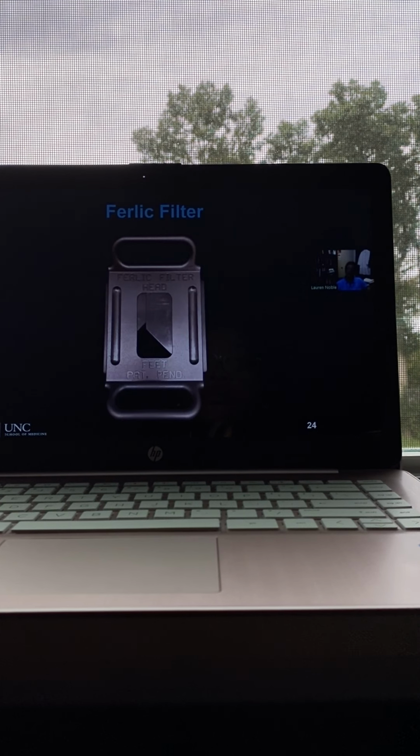And then this is called a Ferlic filter. Does this look like what you used, Erin? This particular one? This is a Ferlic filter. Kind of, yeah, it looks similar. Okay. So this is a Ferlic filter, and again, this is something that attaches to the collimator. This part of the filter would be towards the patient's head, and this part would be towards the patient's feet.